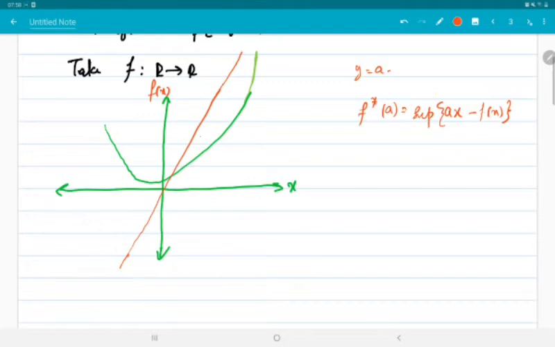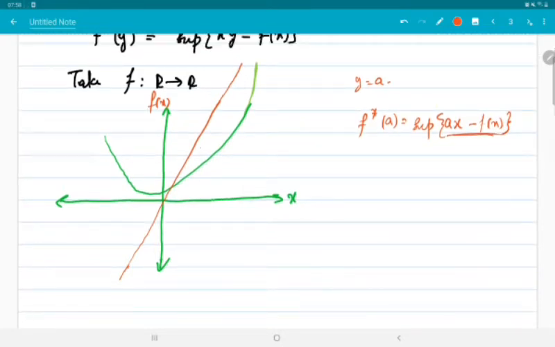This thing talks about the difference between ax and f(x).